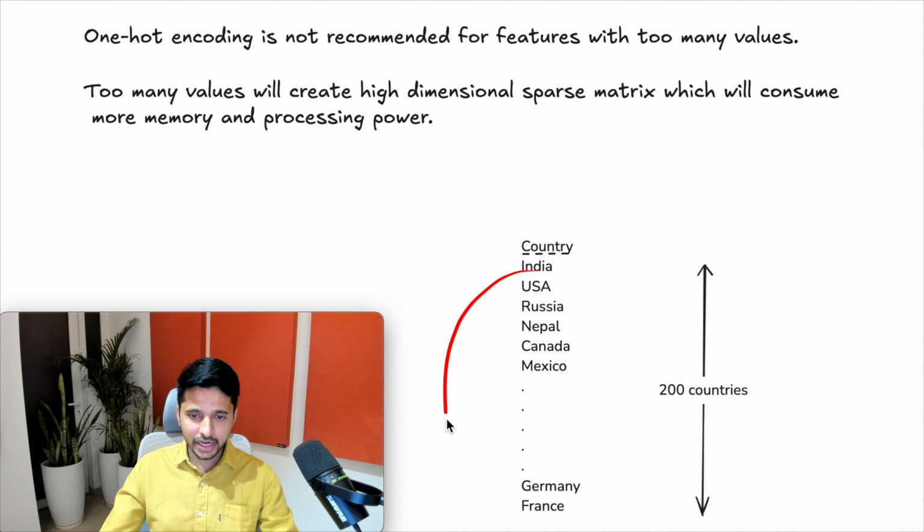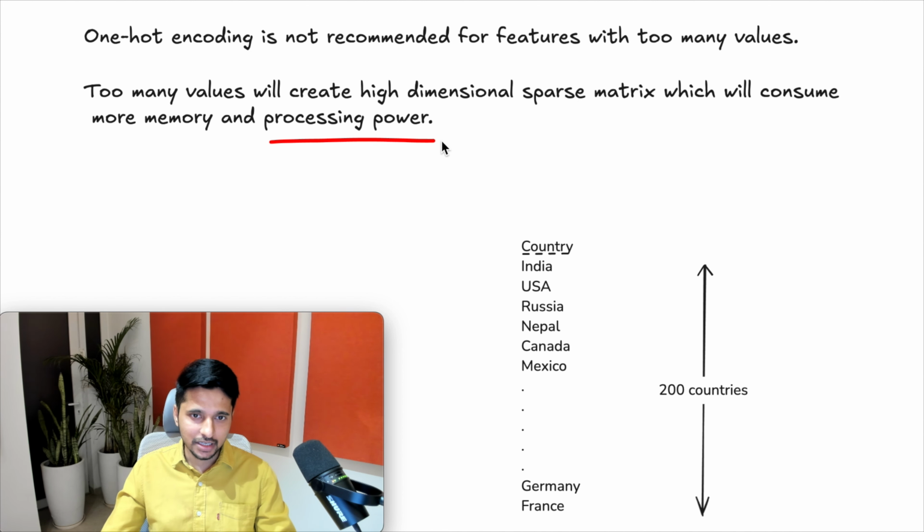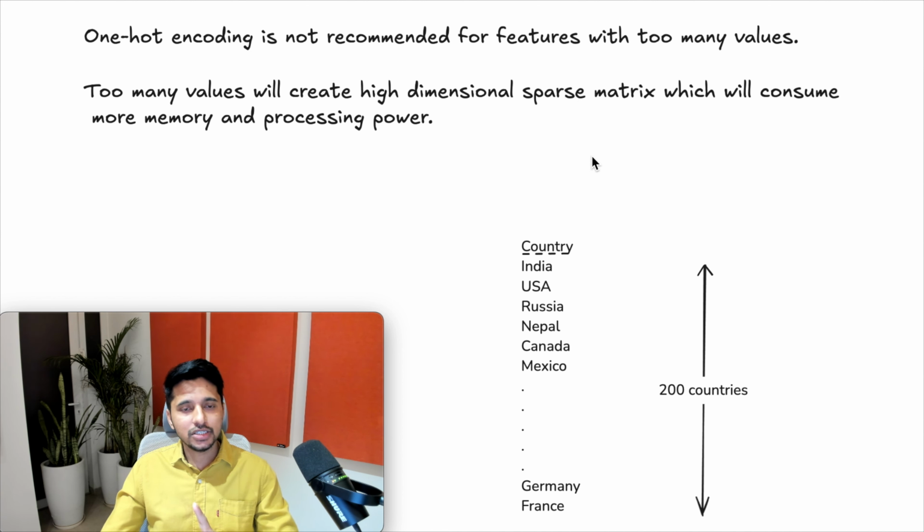So if we do one hot encoding here, we will create 200 columns, and in 199 columns we will fill 0, and in only one column we are going to fill 1. So it means that we are creating a high dimensional sparse matrix, and that is going to consume more memory and processing power obviously. So that is why it is not recommended to use the one hot encoding where we have the features with too many values.